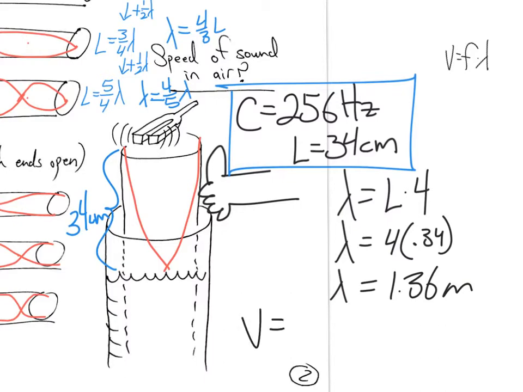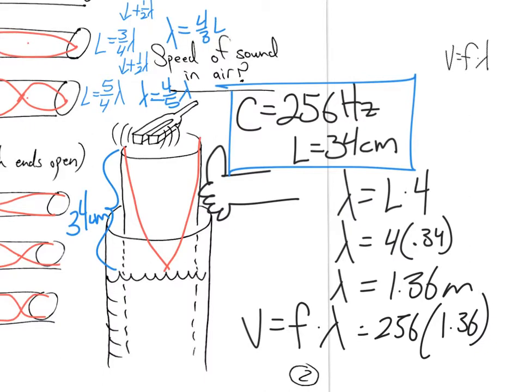And then velocity. The speed of sound in air is equal to the frequency times the wavelength, and we know the frequency of sound. Our tuning fork right here is 256 hertz. So 256 times 1.36 meters. Our calculator, who knows where it went.